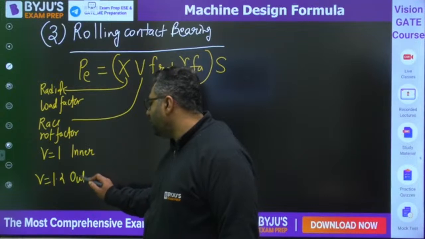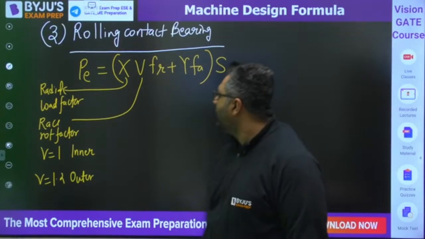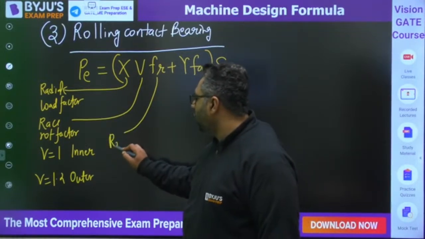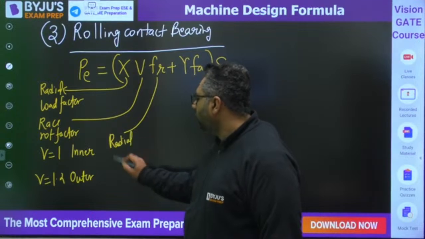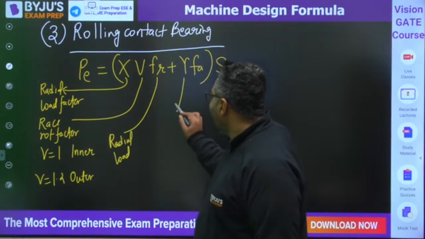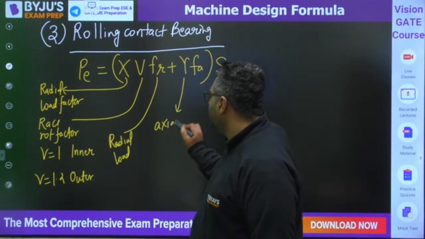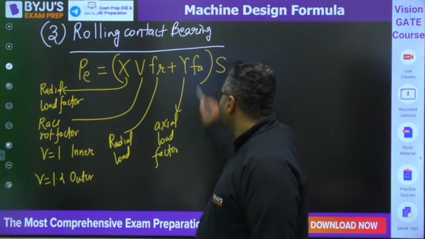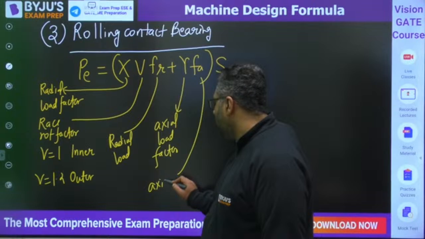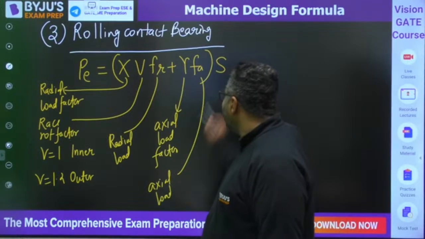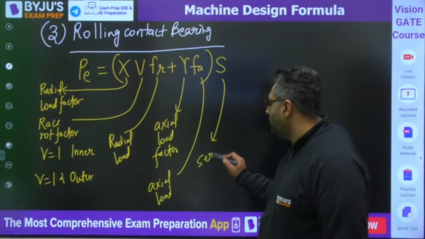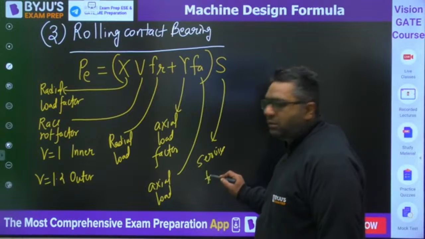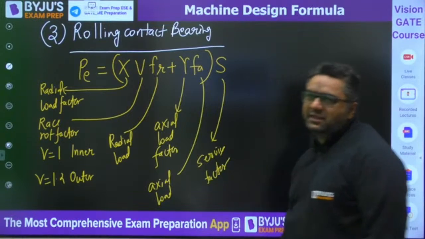If the outer race rotates, V is 1.2. FR is the radial load. Y is the axial load factor. FA is the axial load. S is the service factor.